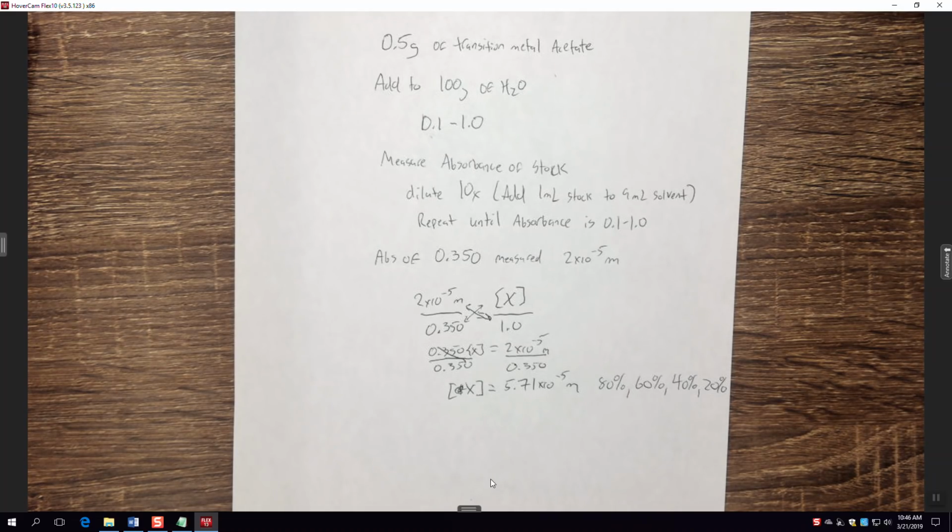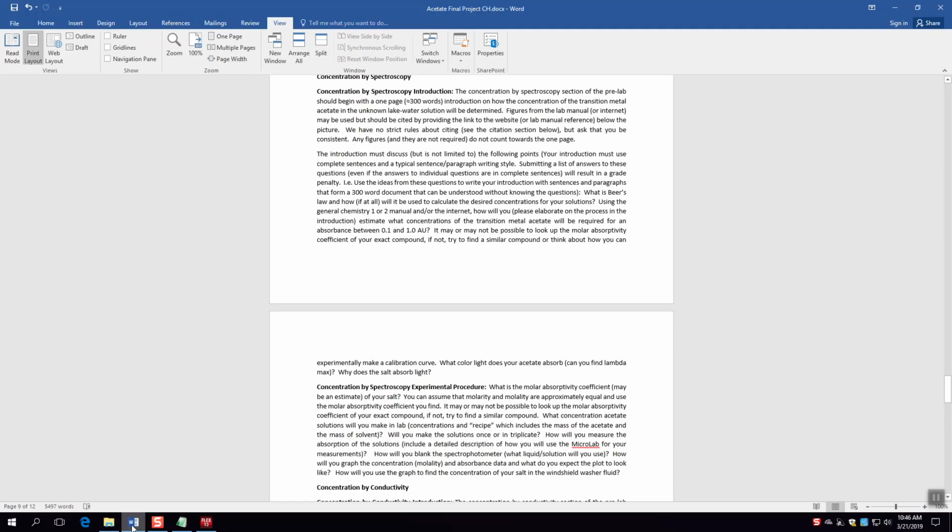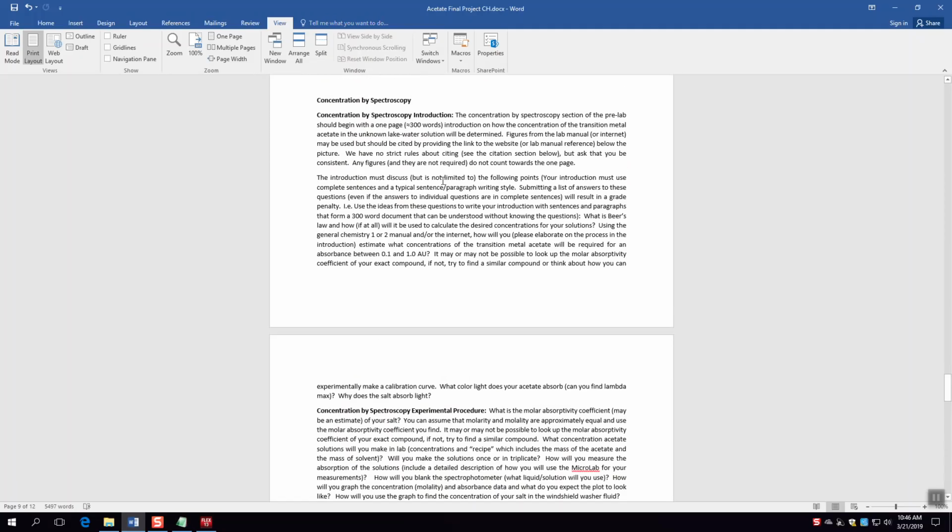So, now that I've talked about the experimental portion of the spectroscopy experiment, I'd like to talk about the pre-lab portion that you're going to have to do for the first week of lab. If we go back to our document that you'll have available on Blackboard again, you'll see that we have a concentration by spectroscopy introduction section.